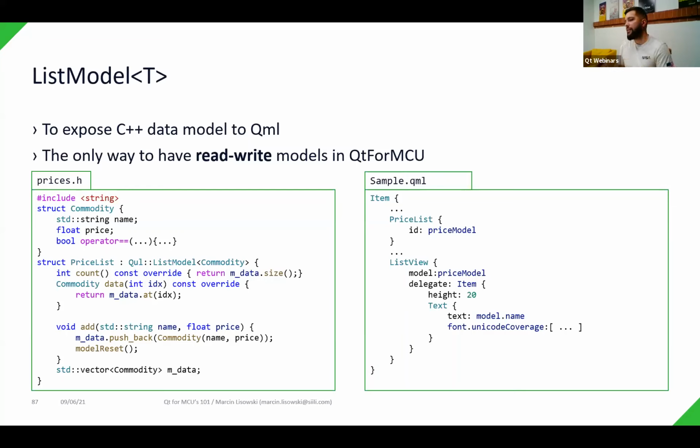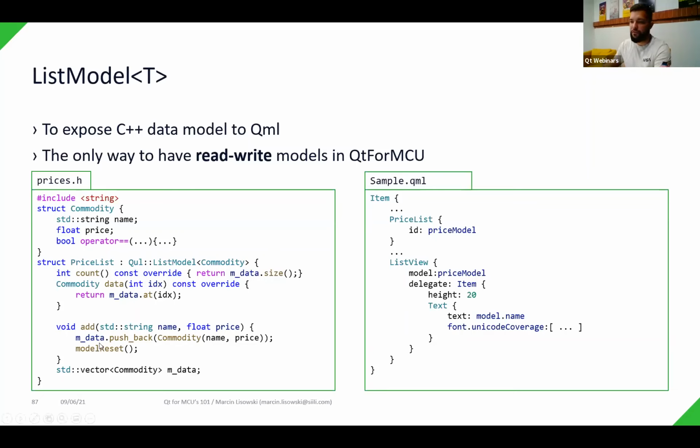There's one thing I have to say about this, because this mechanism is not perfect, and if you are going to update your model quite often, it can be too heavy for microcontrollers, as currently updating your model in C++ requires calling the model reset function.